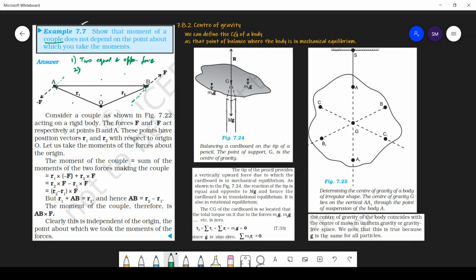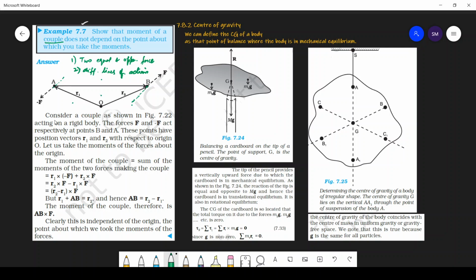You can see they are parallel. They are never going to meet. So different lines of action, parallel lines of action. These are the two things that you need, and it results in rotational motion. There will be no translational motion because the forces are equal and opposite, but there will be rotational motion.